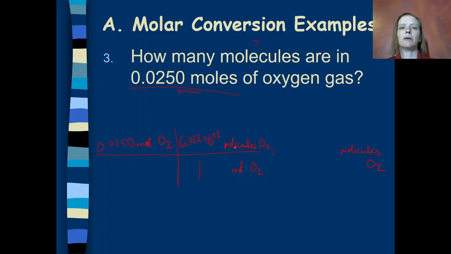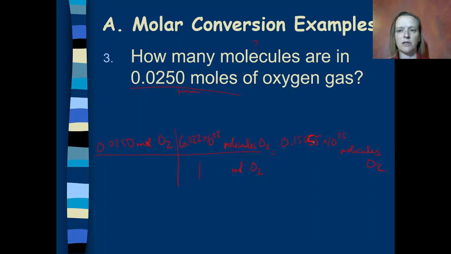And remember, my recommendation is to multiply the two coefficients together. In this case, doing that gets me 0.15055. And just carry my scientific notation over, times 10 to the 23rd.